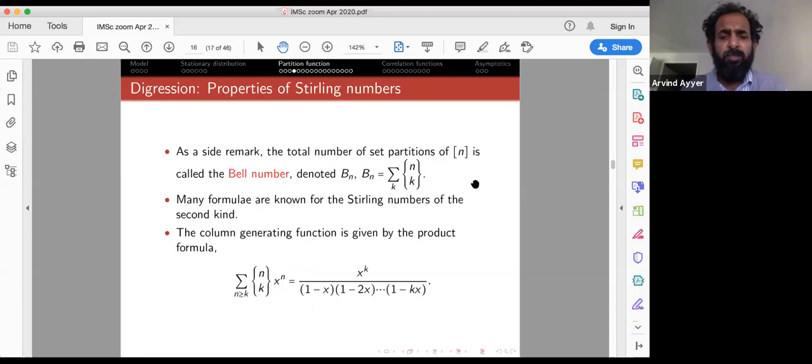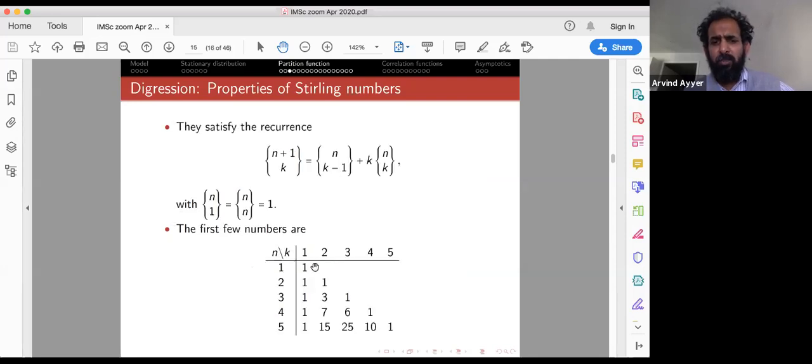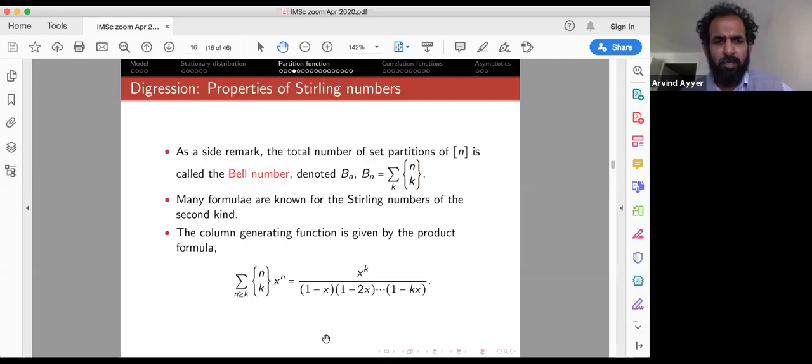There are many identities for the Stirling numbers, even though there's no simple formula for n set k. Let me focus on two formulas. One is the column generating function. You fix a k and you take the generating function over all n larger than k. This ordinary generating function has a beautiful product formula: x to the k over (1 minus x)(1 minus 2x) and so on up to (1 minus kx).